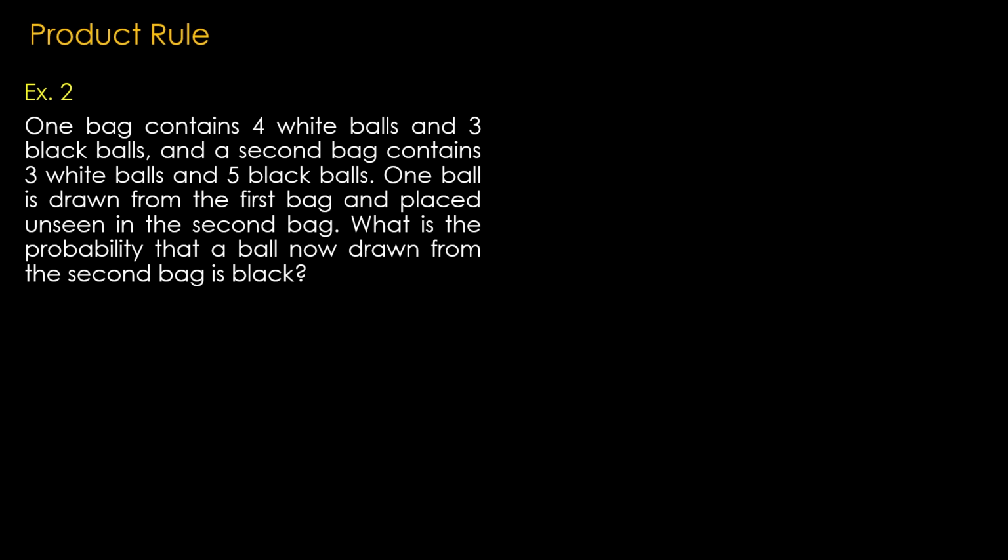Or you can draw a black ball from the first bag and then draw a black ball from the second bag. So you are to find the probability of drawing a white ball from the first bag and drawing a black ball from the second bag.